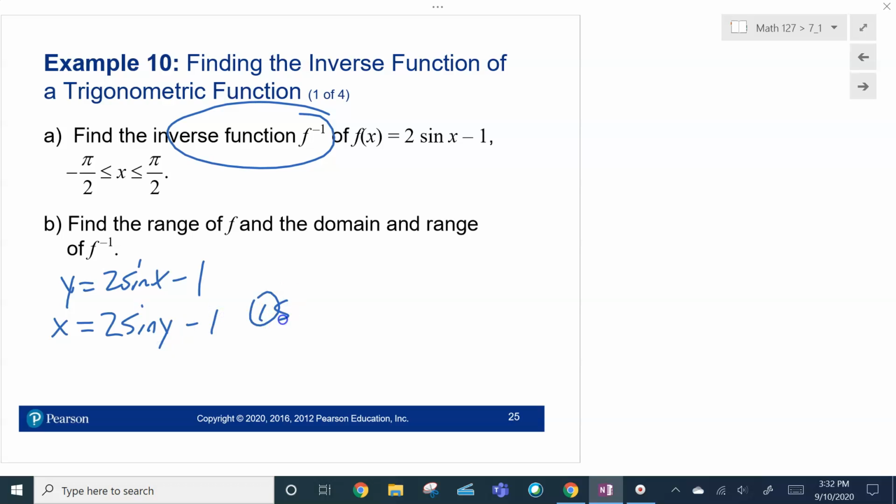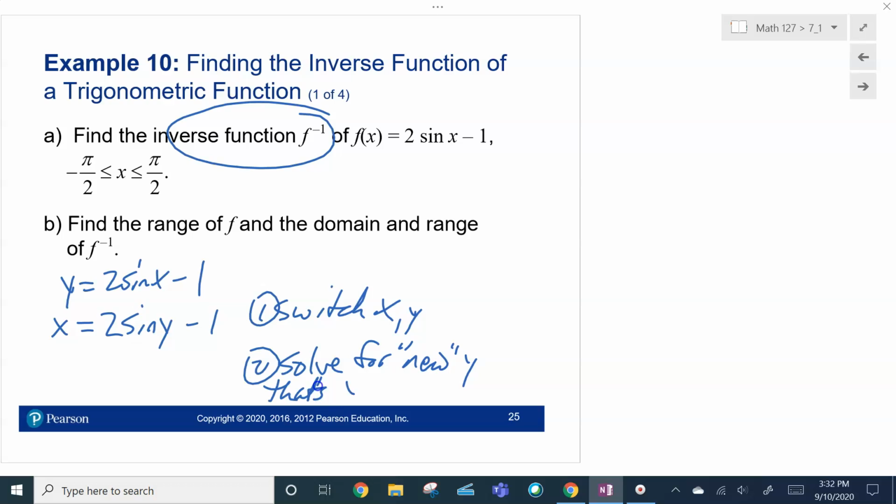So number 1, switch x and y. And number 2, you've got to solve for the new y. And that's your f inverse of x. That's your inverse.